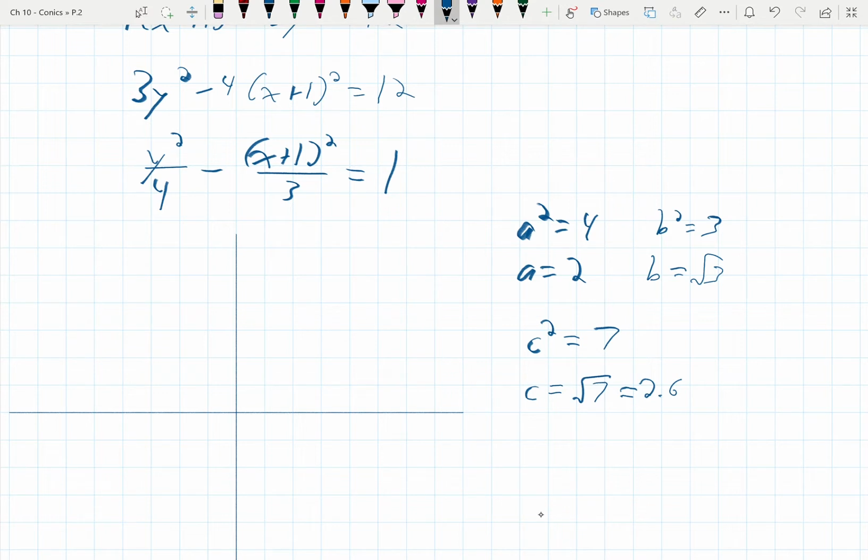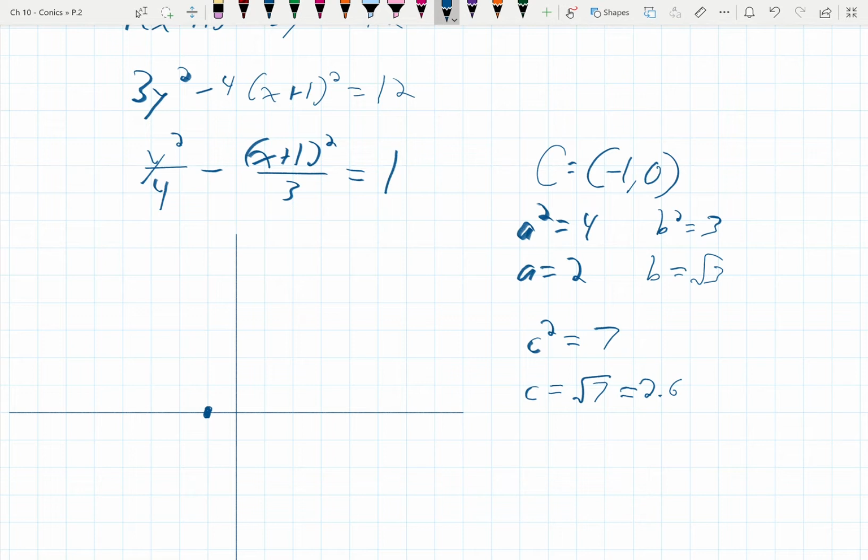Okay, let's put the center down at negative 1, 0. It's worth pulling that out so you don't mess that up in your graph. Remember, x goes with x and y goes with y. So negative 1, 0. This is a vertical hyperbola, which means that my a's go up and down.